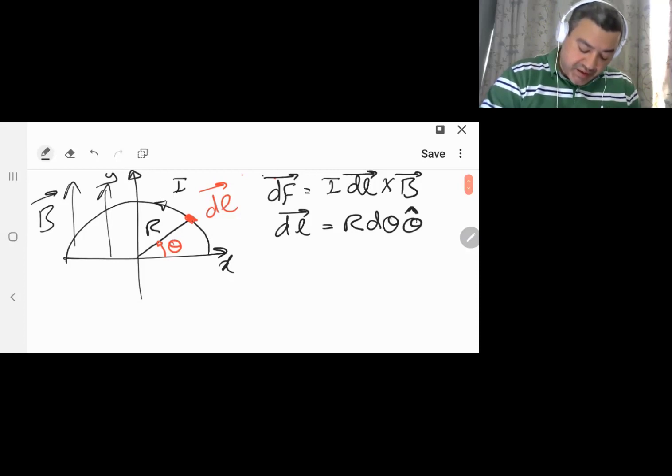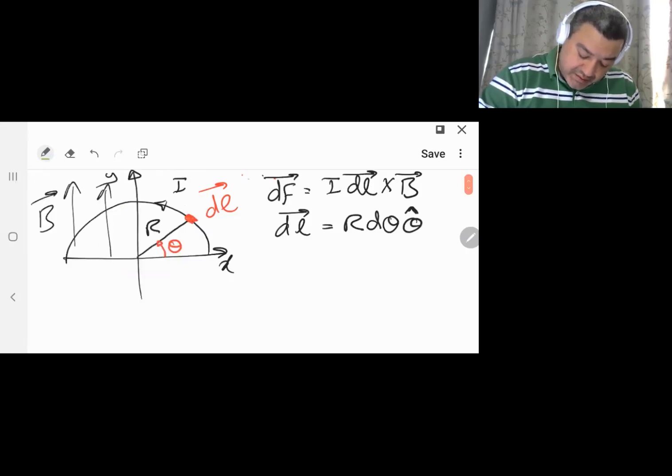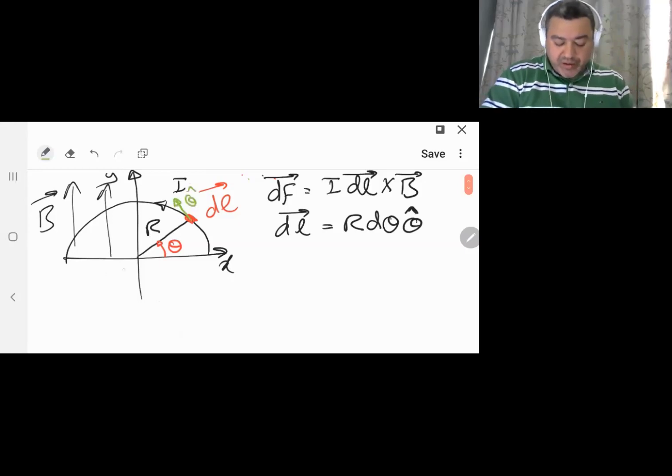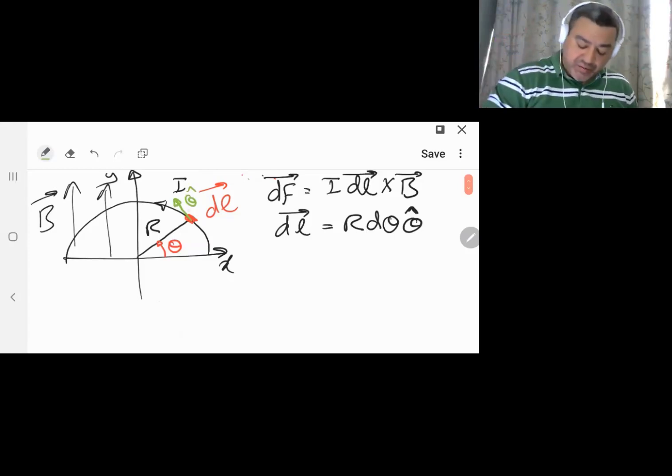So where is that theta hat? Theta hat is perpendicular to the radius r. The motion is happening on that semicircular shape in the direction of theta hat.